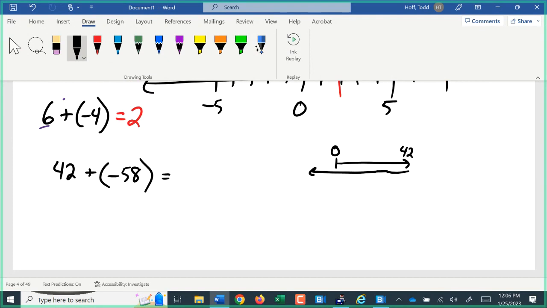So this picture shows me two things. One, I'm on the negative side of 0, so my answer is negative. The second thing it shows me is I look at my vectors. The vectors are going in opposite directions. Since they are going in opposite directions, the absolute value of my answer is the difference of their absolute values.